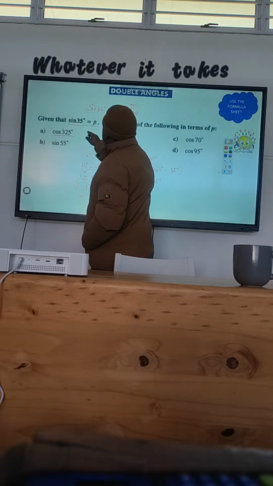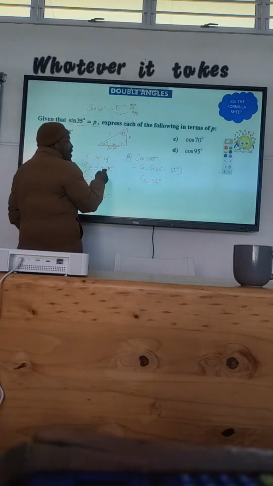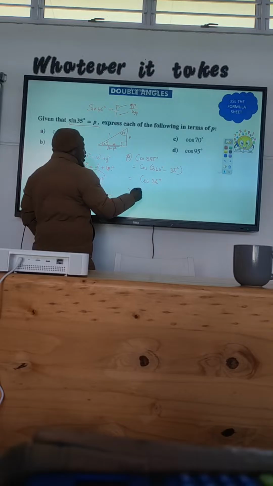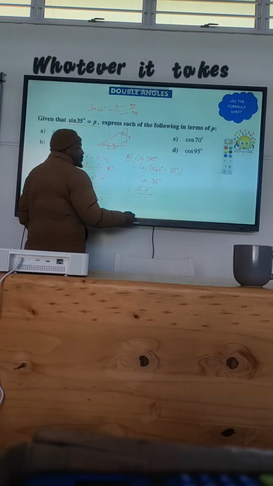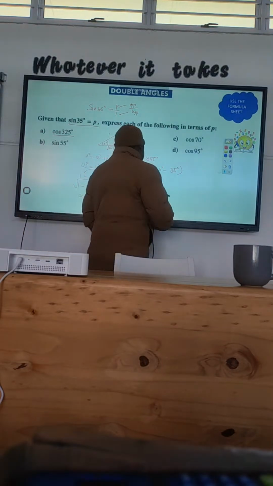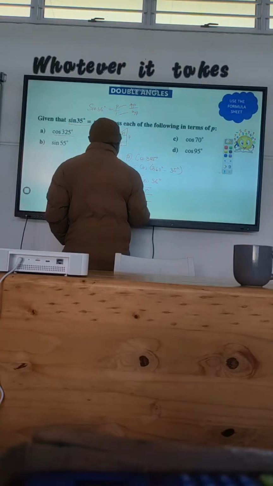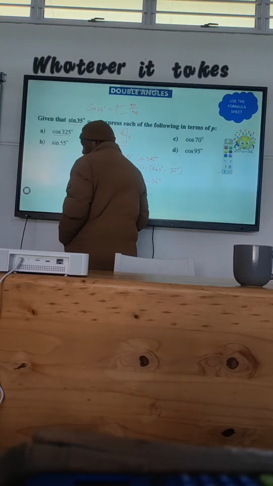And then we go back to the diagram. The cos of 35 degrees is adjacent, which is the side, over hypotenuse, which is 1. So my answer is simply the square root of 1 minus p squared.